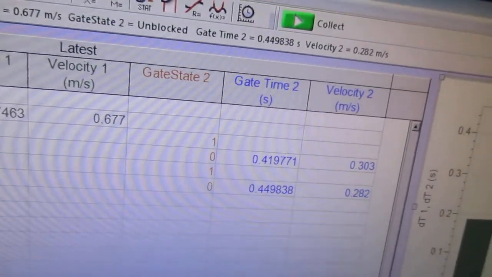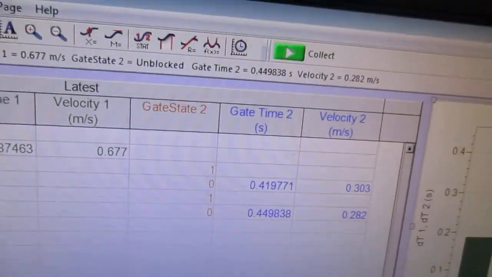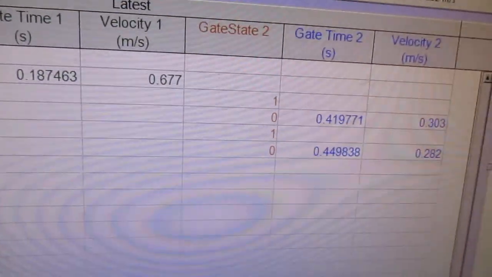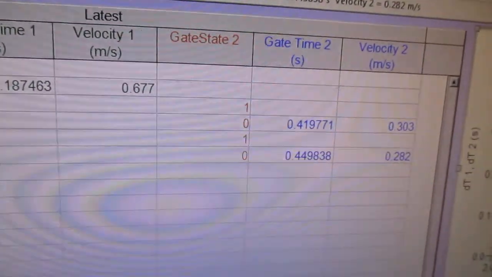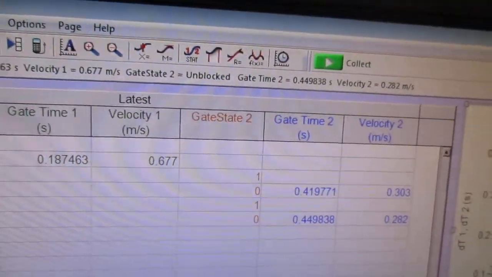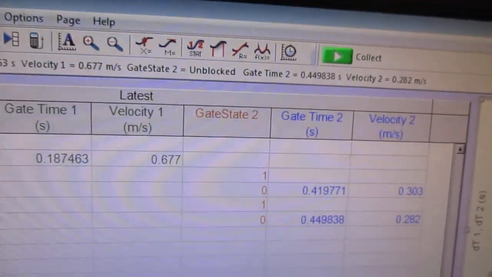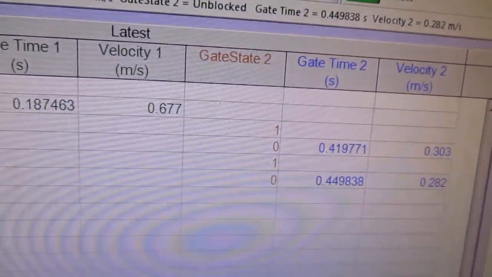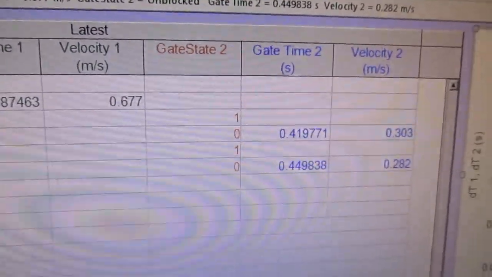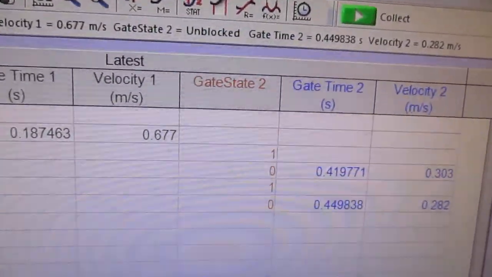And the ultimate goal of these experiments is to see: is momentum conserved? Is mass times velocity initial for the sum of the carts equal to mass times velocity final for the sum of the carts? And that is this experiment.